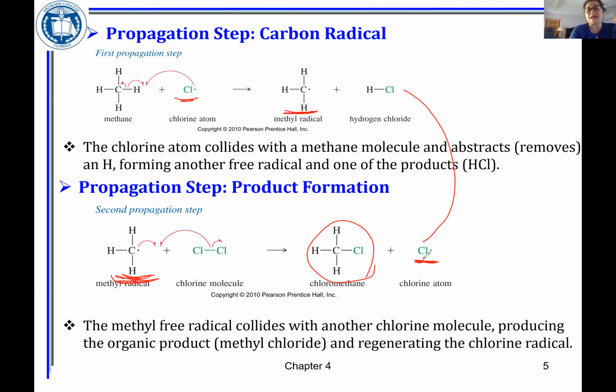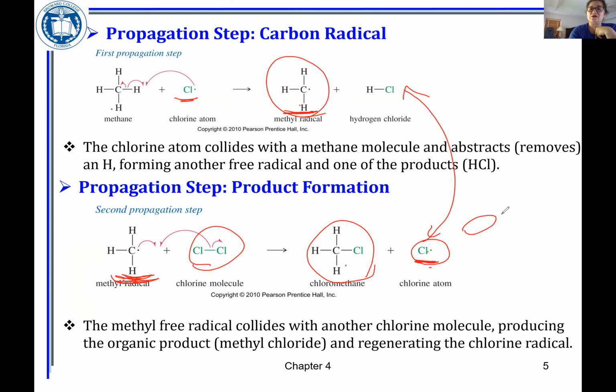The chlorine free radical is going to attack the methane. Then you get a methyl free radical. The methyl free radical is going to attack chlorine. It gives you the product, and then the chlorine free radical. So these two are going to repeat each other and are linked to one another. One brings the other, and then it just repeats itself.